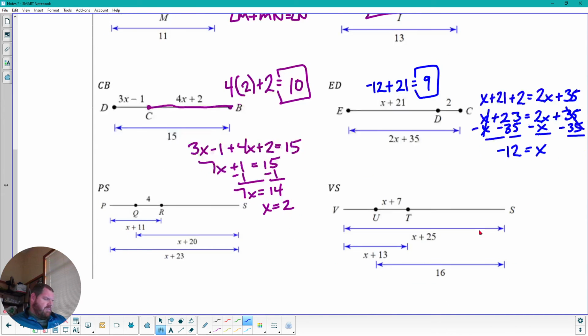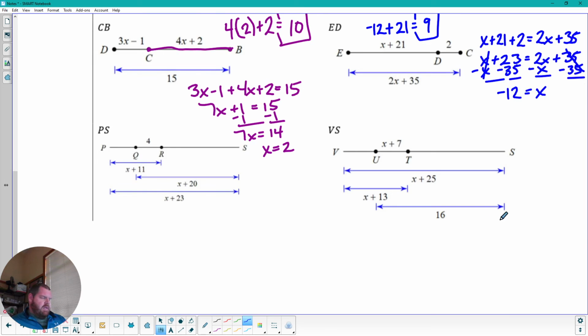These last two, a little bit tougher, just because of how they give me the information. Now, there is a way around dealing with some of it, but I'm going to look at it a specific way that's going to help me always do these problems. I'm looking for PS, and that's the whole line segment. Shouldn't be too bad, though.